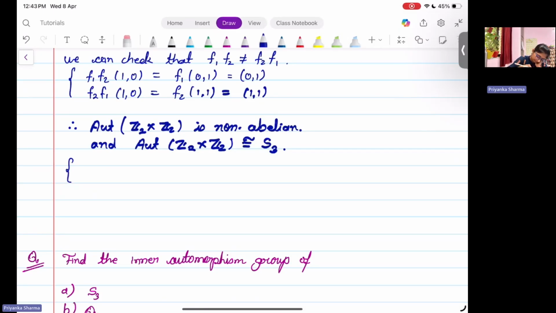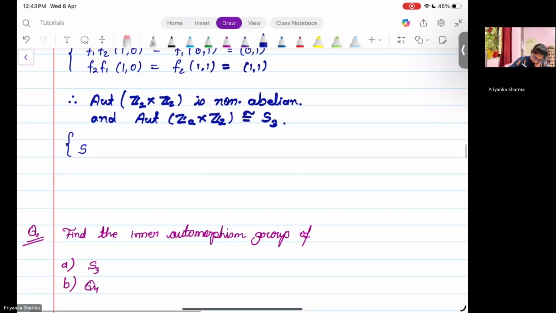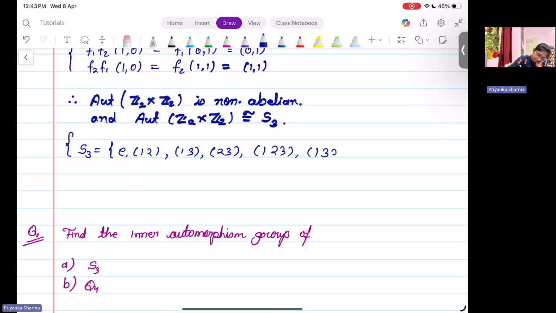If I want to figure them out, S3 has the identity, (1 2), (1 3), (2 3), and (1 2 3) and (1 3 2).